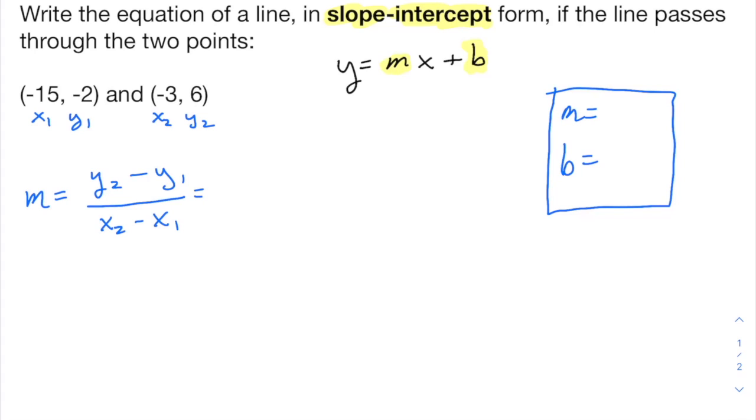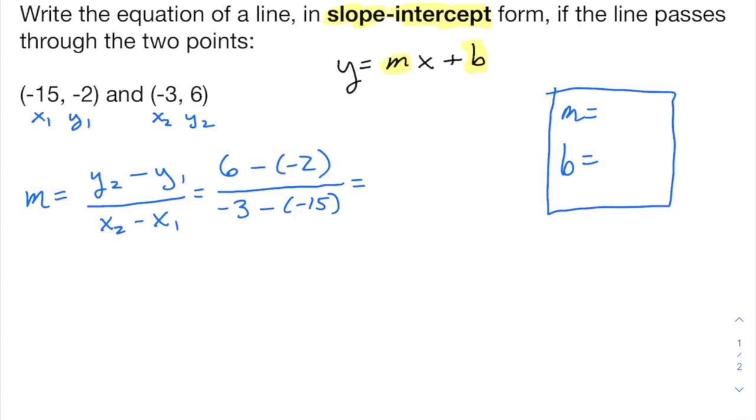So this slope could be found by doing y2 minus y1, 6 minus -2, watch those double negatives, over, in that same consistent order, -3 minus -15. Again, there's a double negative. We're going to deal with that.